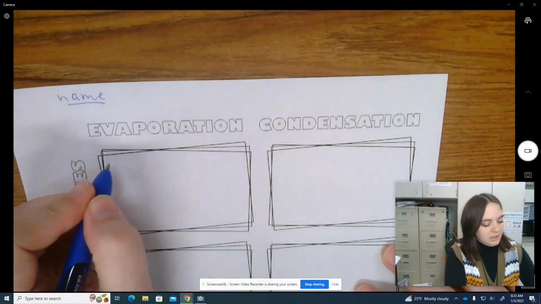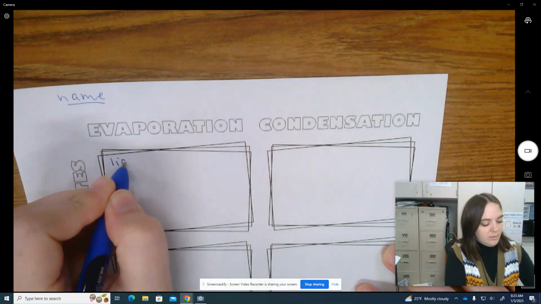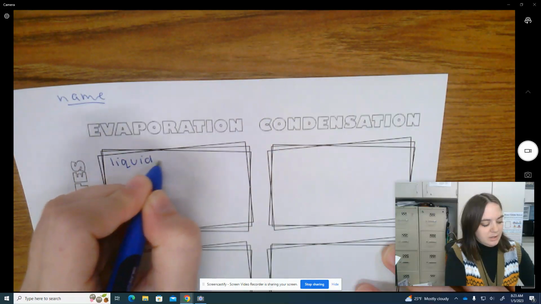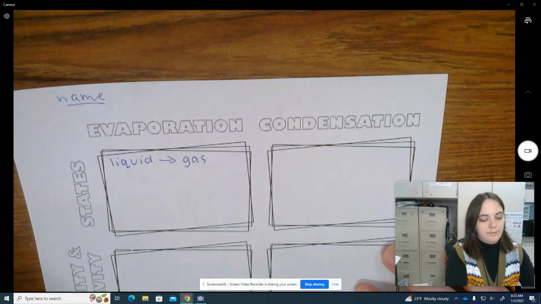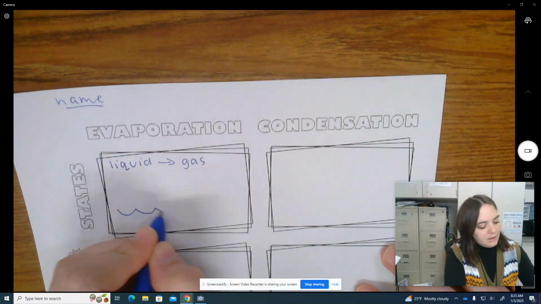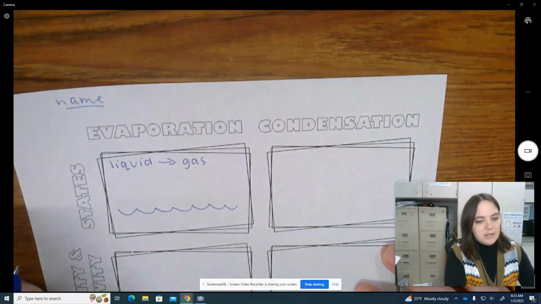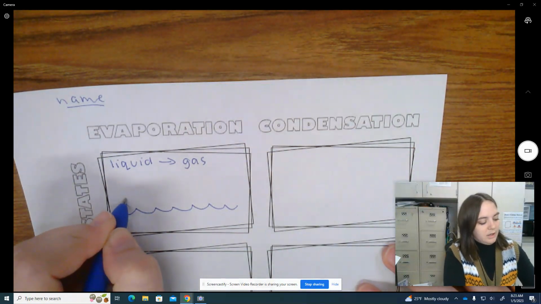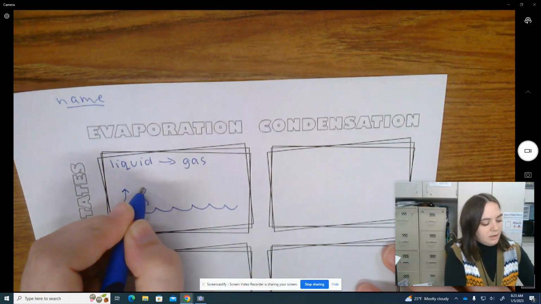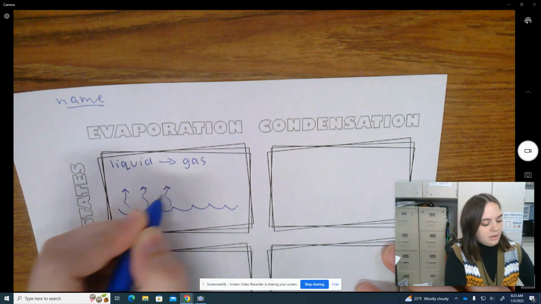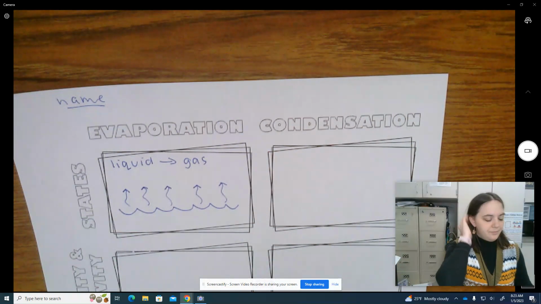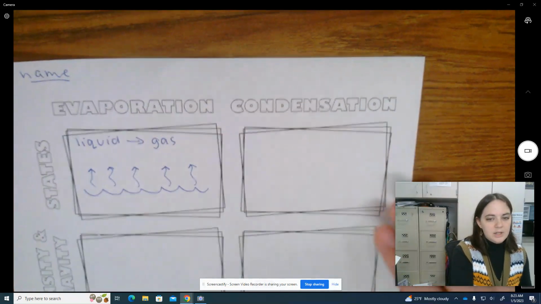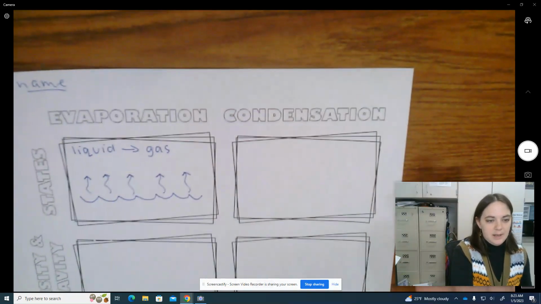So evaporation is when it goes from a liquid to a gas. This is like if you have water and it evaporates into the air above it, like that. Now condensation is the exact opposite.